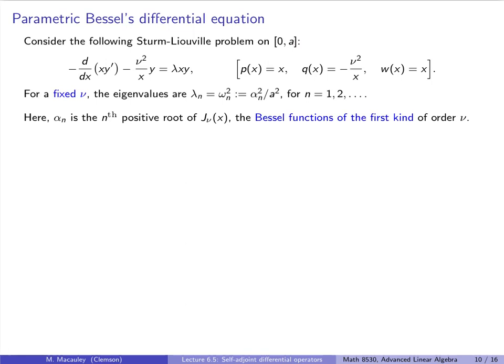Sometimes we call that omega n squared. You can think of this as the frequency squared. And alpha n turns out to be the nth positive root of the function j nu of x, which is the Bessel function of the first kind of order nu.